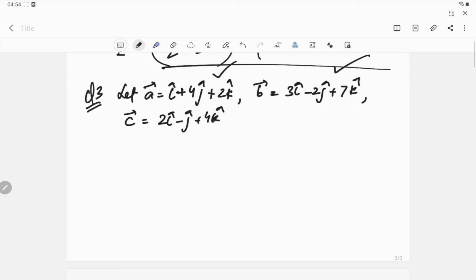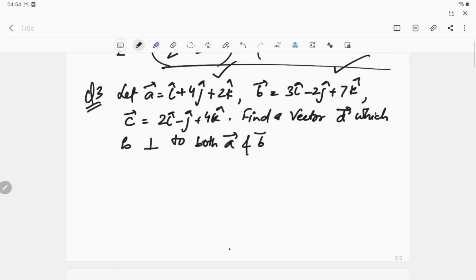Find a vector D vector which is perpendicular to both A vector and B vector, and C dot D is equal to 15.